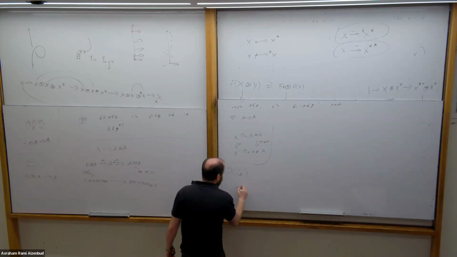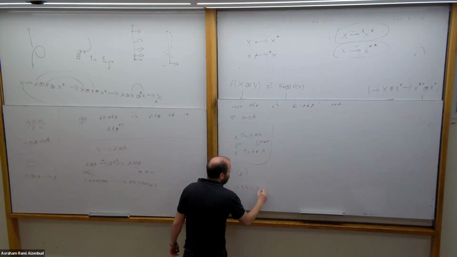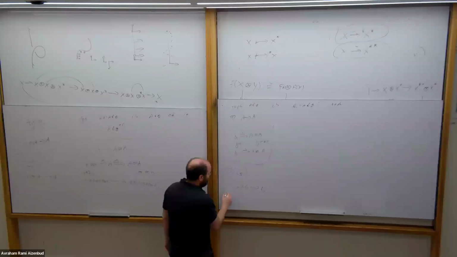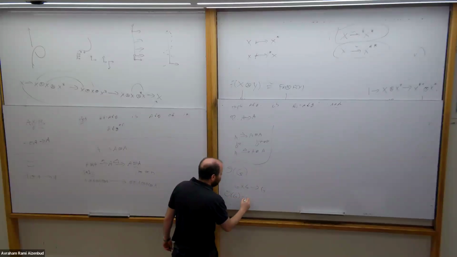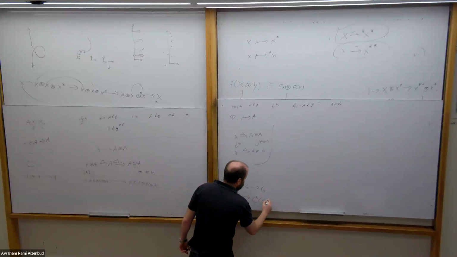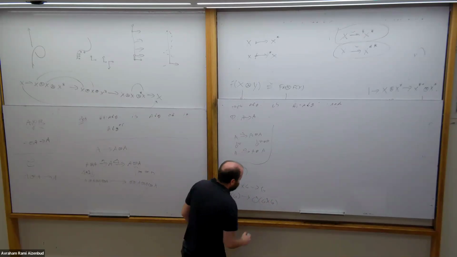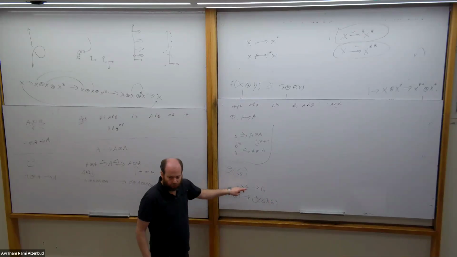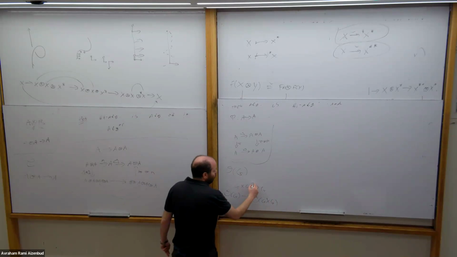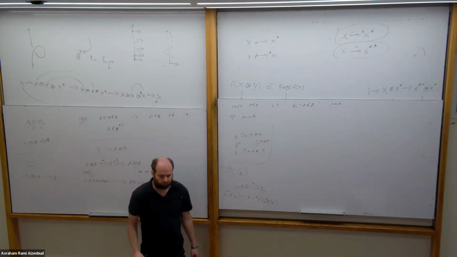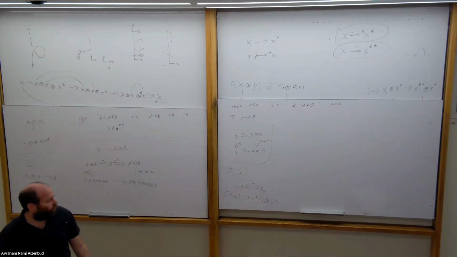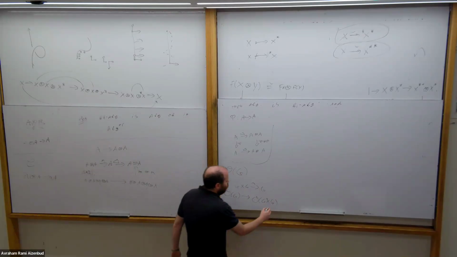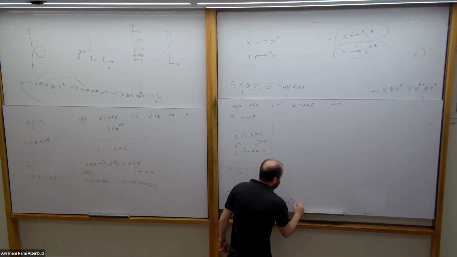We have the multiplication map from G times G to G. This gives a map in the other direction from O of G to O of G times G. And each time you have a polynomial P here, you can compose it with the multiplication map and get a polynomial. And this is canonically isomorphic to P.